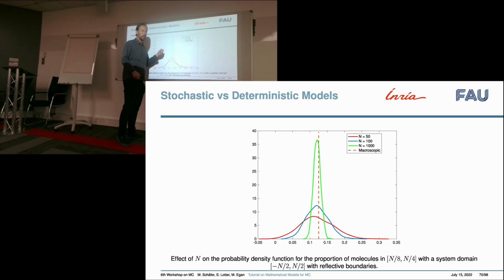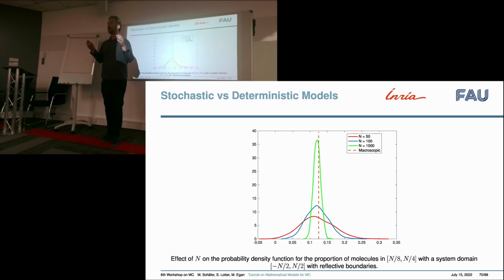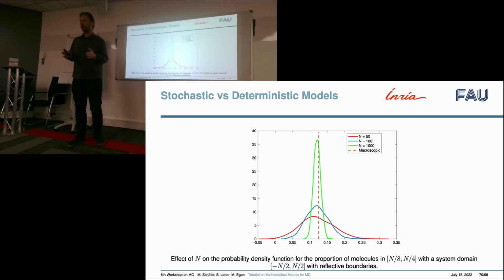But as we increase the number of molecules, or the scale of the system, we see that the variance reduces quite dramatically. And in fact, as we increase n appropriately, we should converge to this macroscopic solution, which is governed by the solution of this diffusion equation with diffusion coefficient 1 in this system of length 1, right?